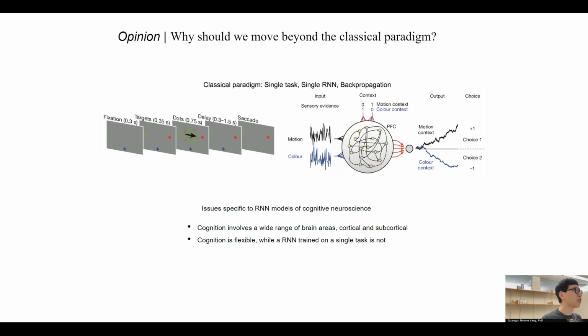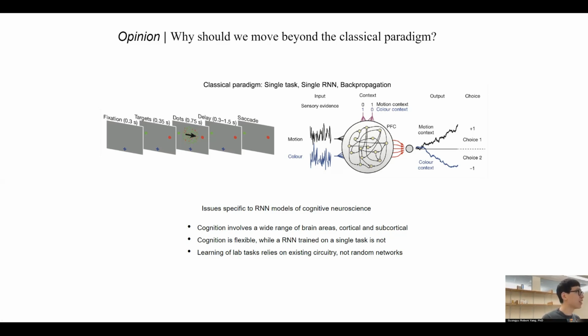Another problem is that cognition is very flexible, right? But when you use a single recurrent network, an RNN, and you train it on one task, it's not flexible. All it can do is that one task. So that's another problem. And another problem is that usually when animals or humans go into the lab and learn and perform a task, you're not starting from a random neural network in your brain, right?